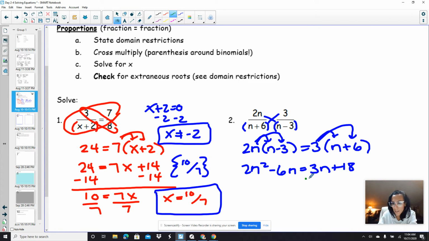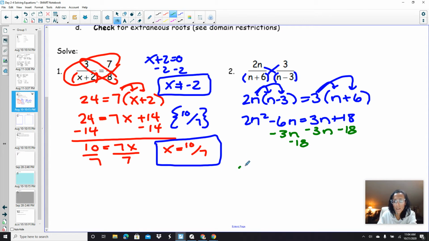So let's subtract this 3n on both sides, and then subtract this 18 over. So what I'll have now, give myself some room here to write, is 2n squared minus 9n minus 18 equals 0. Okay, and so now we're going to use our product sum, our long product sum this time.